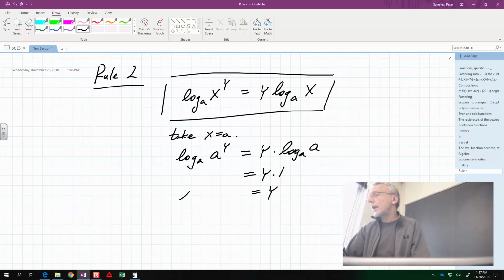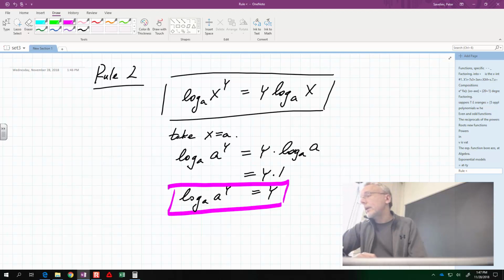So what we're left with is really not anything new. This is familiar. It is simply the cancellation property again. The cancellation property that we just talked about: log base a applied after the exponential function base a, and they cancel each other out, and we have y.